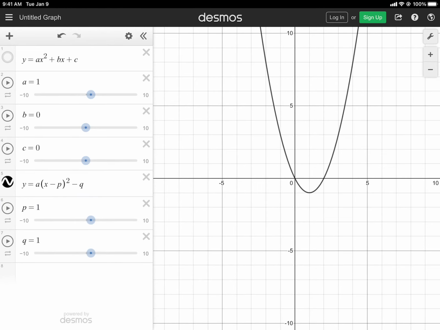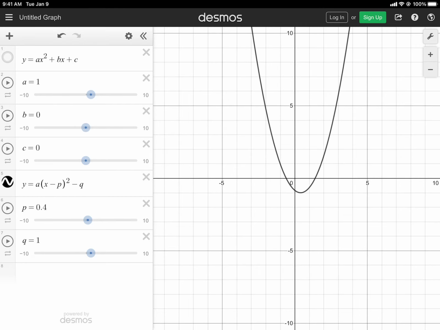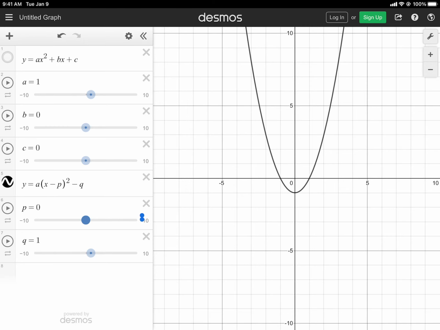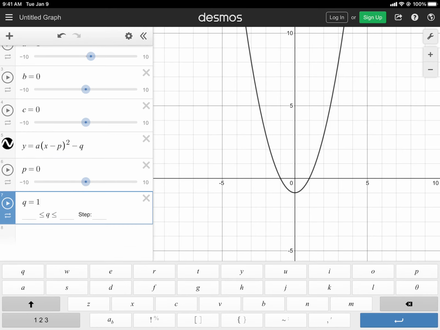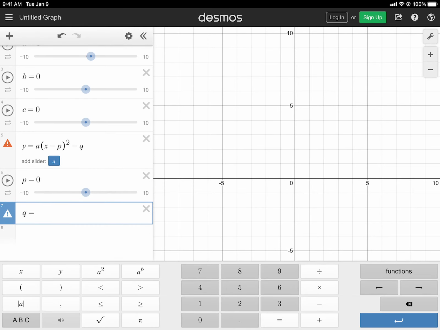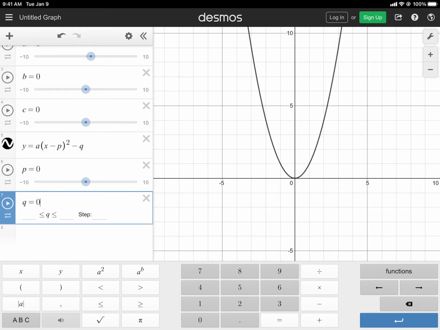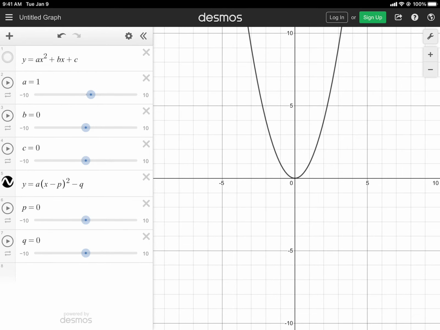Get our sliders. And so looking at our graph, let's set p and q to be 0 for now. This is that same y equals x squared graph I just mentioned.